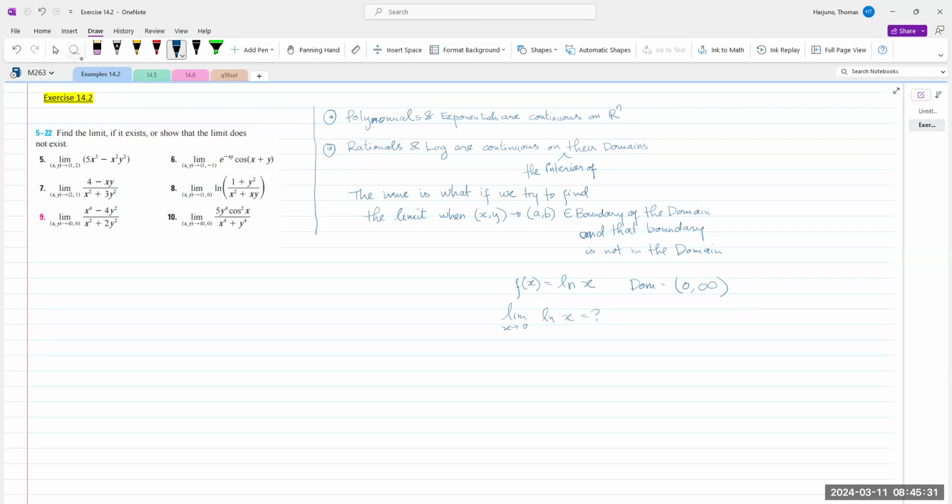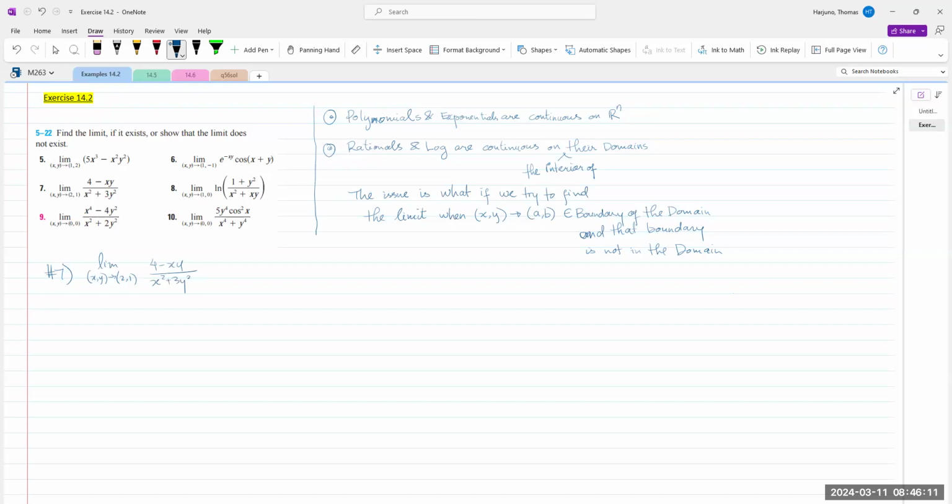Now, if we step back a little bit, what if we are trying to find the limit of a function where (x, y) is approaching a coordinate which is in the domain? Then we just plug in numbers. For example, we can do number 7: limit as (x, y) goes to (2, 1) of (4 minus xy) over (x squared plus 3y squared).